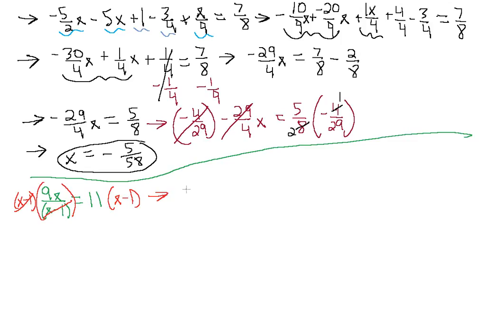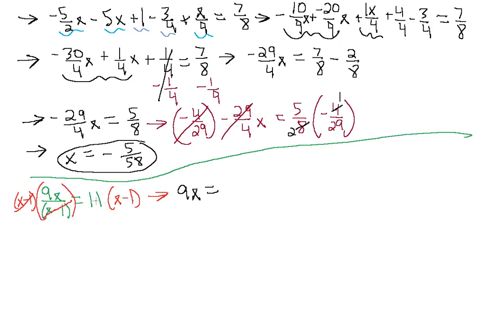And this gives us just a 9x on the left. So if we have two terms in the denominator, we can group those together and multiply the entire expression by that denominator, just like we did when we had two terms in the numerator and multiplied by the one term in the denominator.